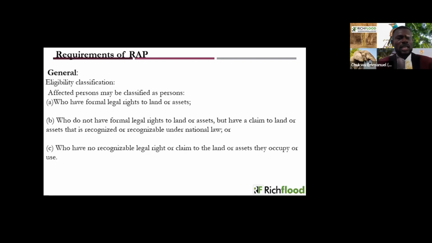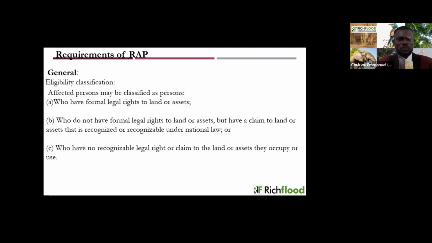Now, another requirement is the project design. In the resettlement action plan, the borrower will demonstrate that involuntary land acquisition or restrictions on land use are limited to direct project requirements for clearly specified project purposes within a clearly specified period of time.